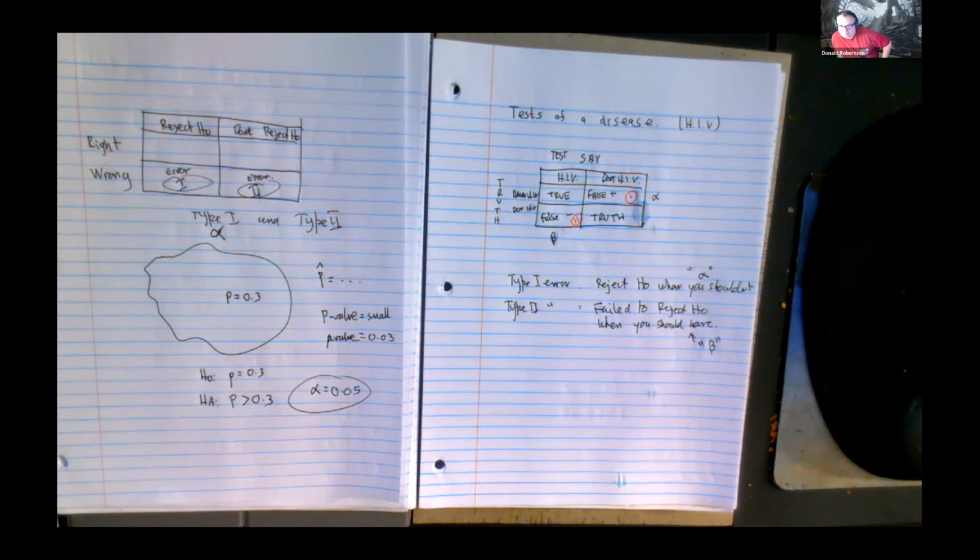Try to get my thoughts kind of clear in my head. If someone has HIV, but you tell them that they don't, right? Can you see that that is really bad? Because 1 is they're not getting treatment, and 2 is because they think there's nothing wrong, and they may infect someone.